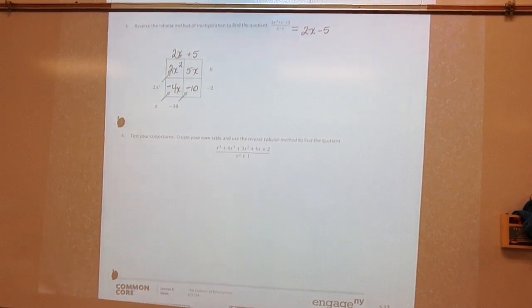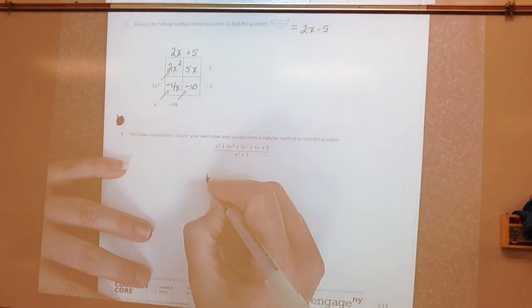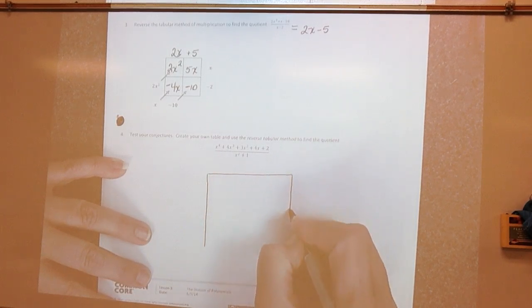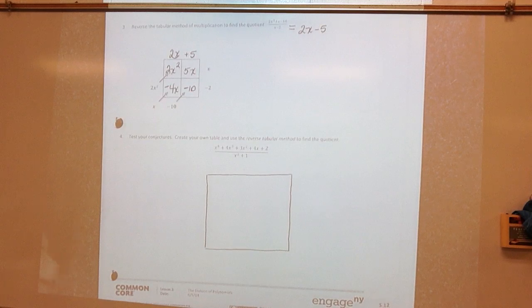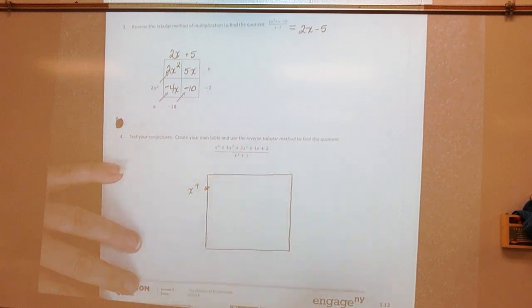Test your conjectures, create your own table, and use the reverse tabular method to find the quotient. All right, so let's look at this. And I've got to be really careful how I draw my box. All right, so I have to have x to the 4th.